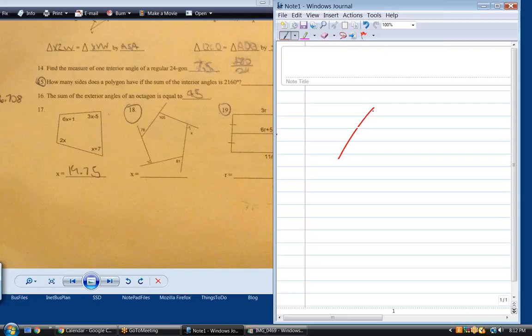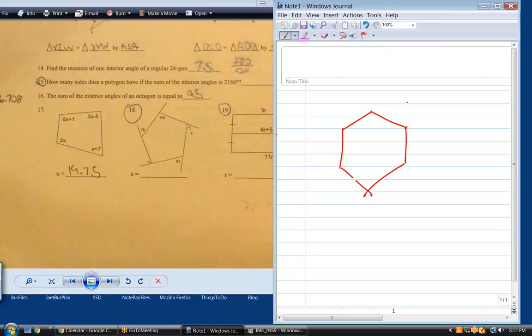Now let's talk about what exterior angles are. That's an exterior angle. That's an exterior angle. And that's an exterior angle. If I add those 3 up, it'll be 360. And if I do the same thing with a rectangle, it'll be 360. And if I do the same thing with a hexagon, and they don't have to be regular.